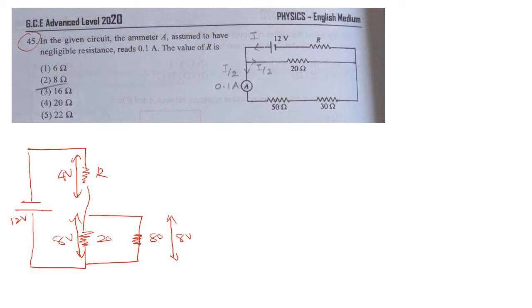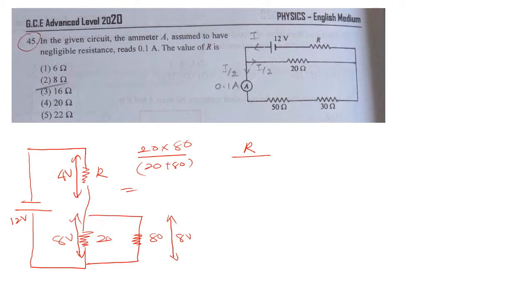Okay, so now we can find the resistance R by R divided by the equivalent resistance here. Since these two are parallel, we can get 20 into 80 divided by 20 plus 80, which is 100.